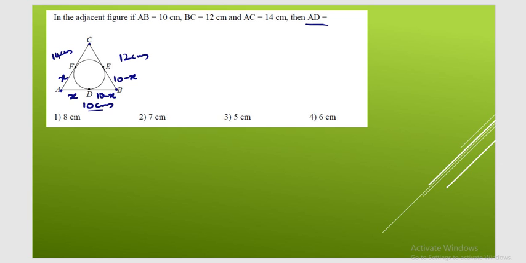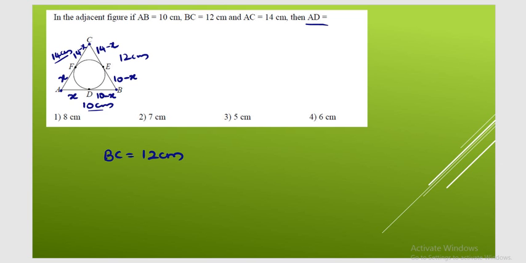Next, moving on to this side, AC. AC is given as 14. But this particular AF is x, so this value becomes 14 minus x. If this is 14 minus x, CE is also 14 minus x. But what about BC? BC is given as 12 centimeters.